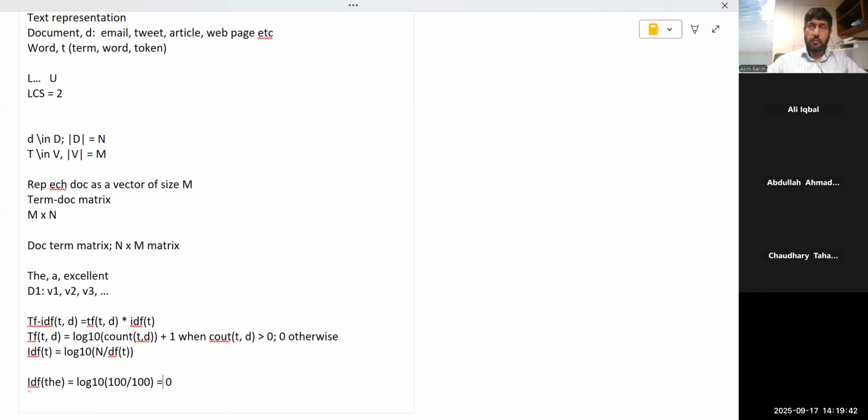So IDF is 0. So if a word occurs in all the documents in the corpus, then its IDF would become 0. And if its IDF becomes 0, then obviously TF IDF would also become 0 because IDF multiplies with TF. Okay? So this is kind of reducing the importance of words that occur frequently in the corpus. So this is the primary purpose of IDF.